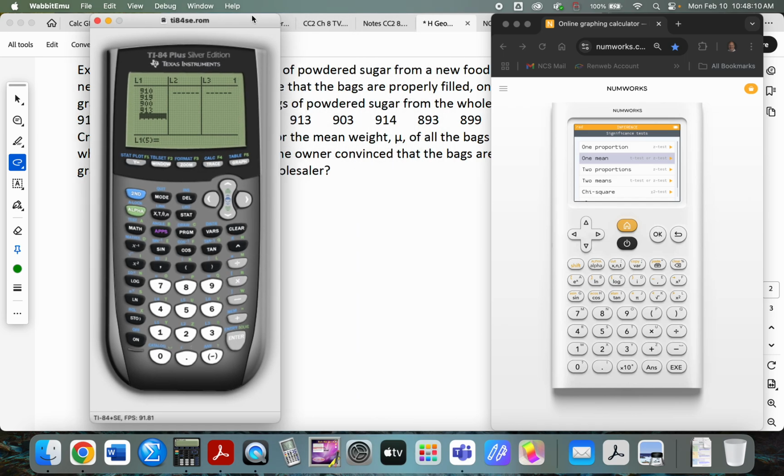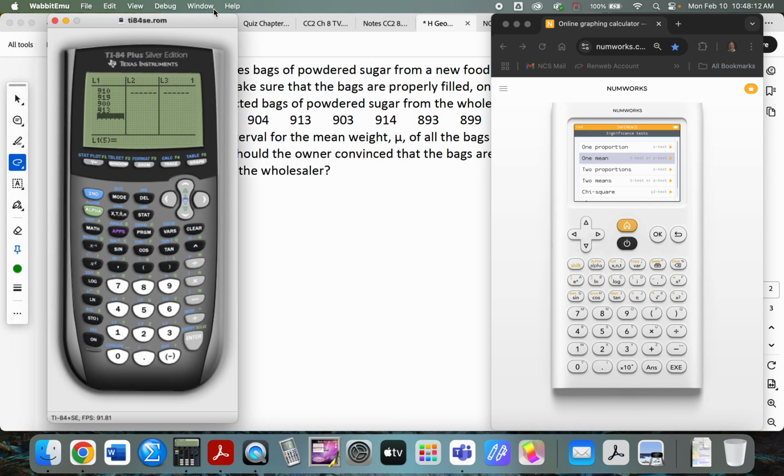Brody, while I'm doing this, you can be looking at, can I do the same thing on the NumWorks or not? Yeah, I was thinking, trying to figure that out. We're looking for an interval because it's a 95% confidence interval. And then T interval. Input statistics.